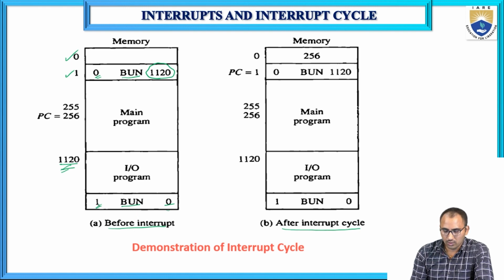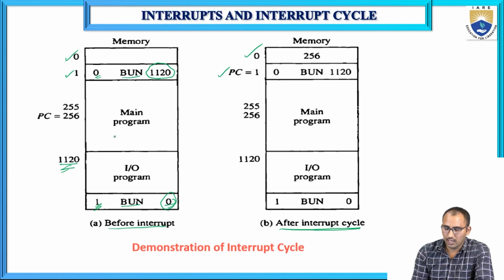The 1 indicates that it is an indirect address, and this is the address of the operand. Okay, you can see after the interrupt cycle occurred, this is memory location 0, and this is memory location 1.